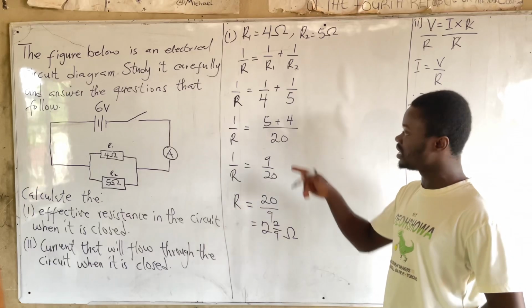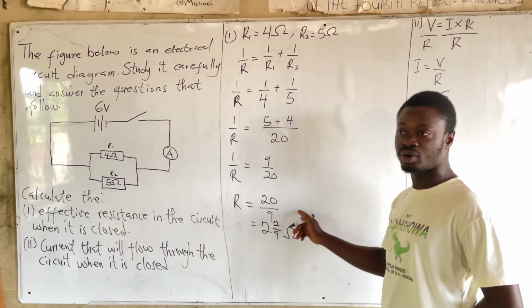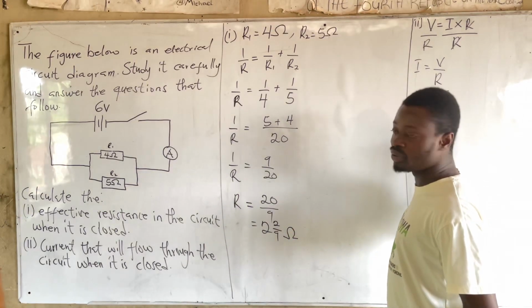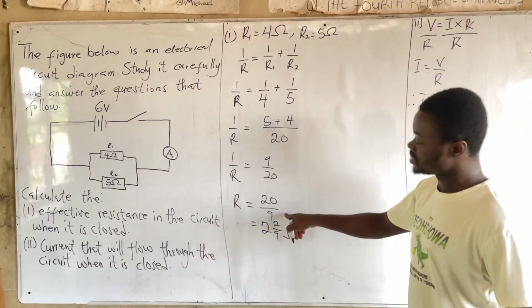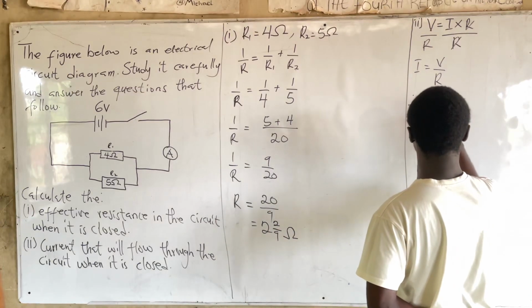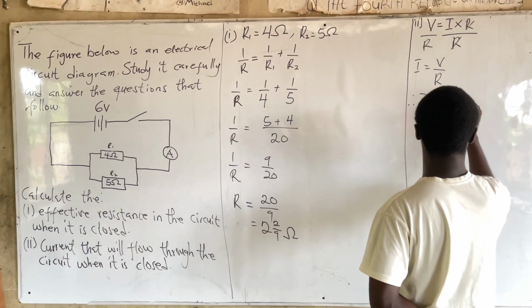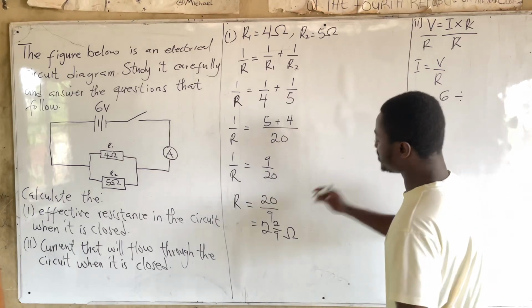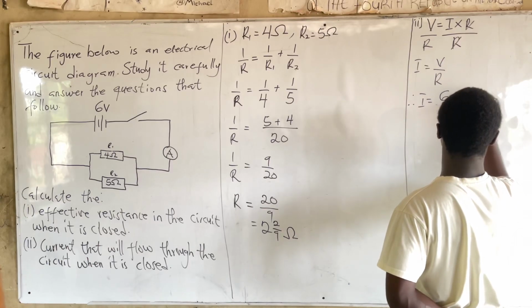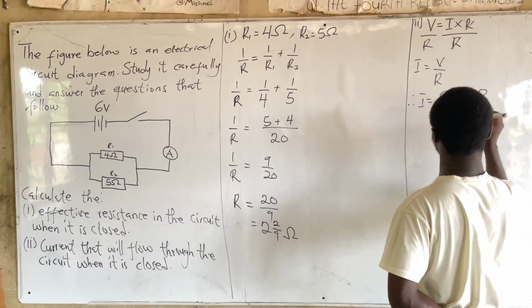So meaning if you calculate this one wrong, automatically you also get this one wrong. So 6 divided by 20 over 9.